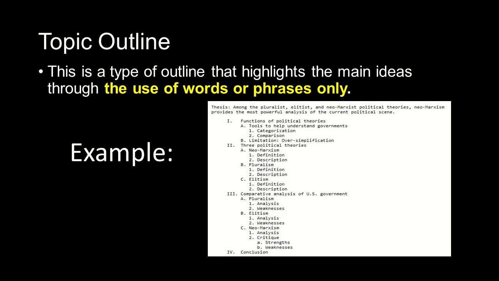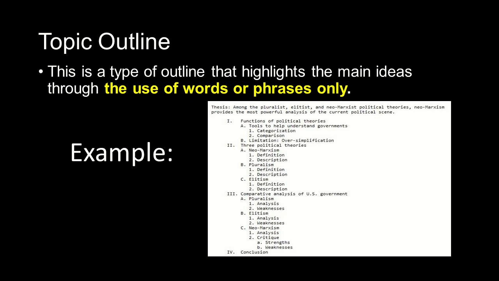In the example given, as you can see, there are no full-on sentences given. The author who wishes to talk about the different political theories simply made use of sentence fragments, phrases, or words in order to guide him or her in the future development of his output.